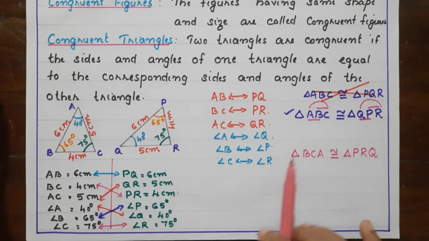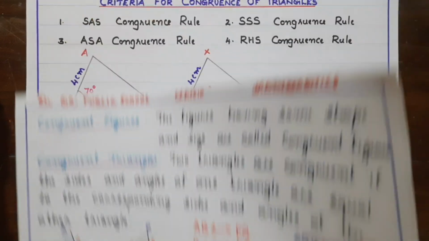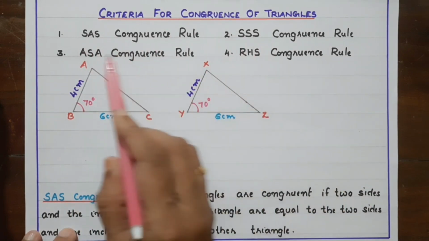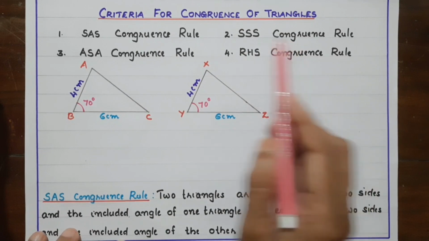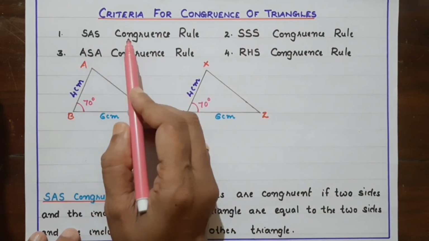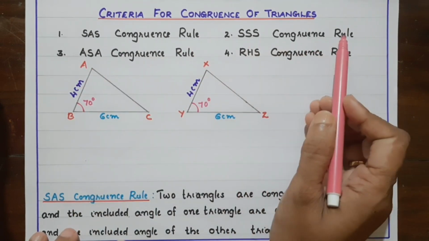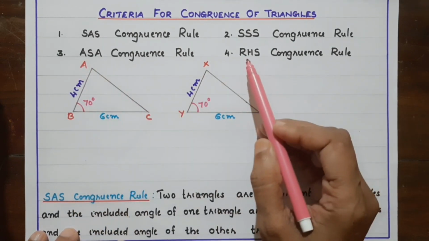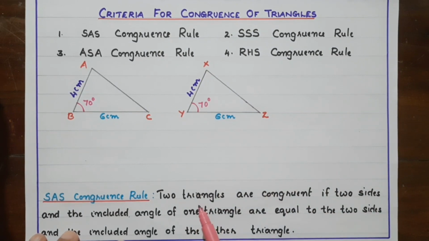Now let's see what the criteria are. Now here you can see 4 criteria for congruency of triangles. First one is the SAS congruence rule. Second one is the SSS congruence rule. Then third one is the ASA congruence rule. And fourth one is the RHS congruence rule.